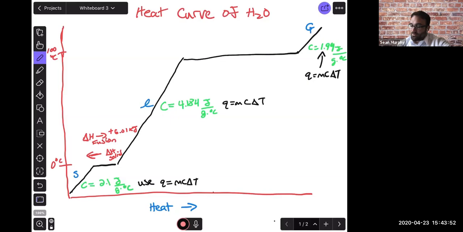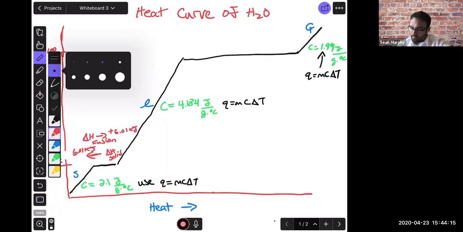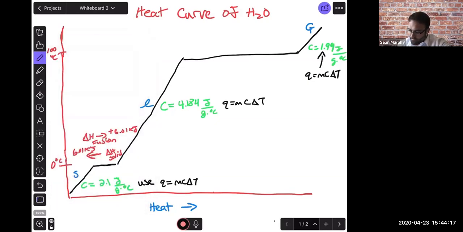Since we are not absorbing heat, we are releasing heat. Therefore, it is negative 6.01 kilojoules. Don't forget that negative symbol. So it's negative 6.01 kilojoules.